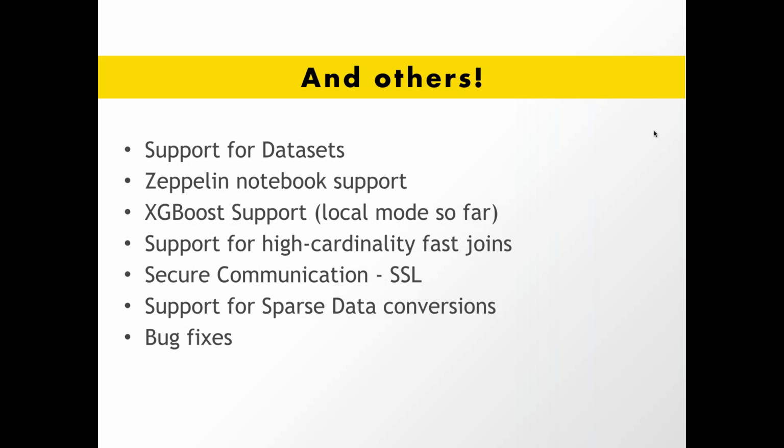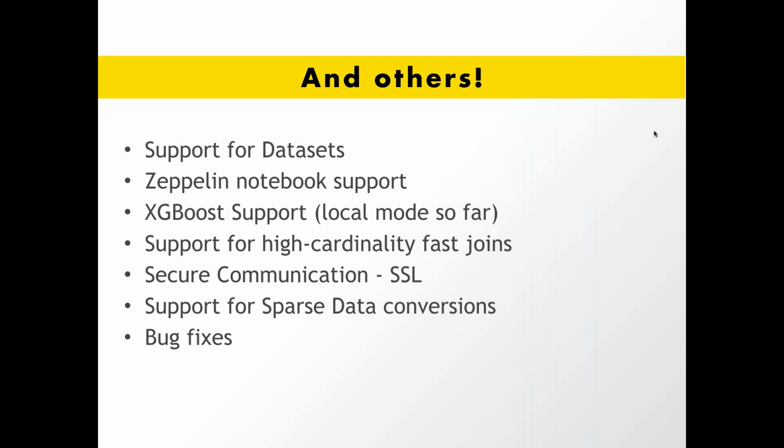It should be out very soon, I hope. We also have support for high cardinality fast joins. This is a feature implemented by Matt, our colleague in Mountain View, and basically we can use it for really efficient data joining. We can join millions and millions of rows in a few seconds or minutes. It's really good work done by Matt. We also support secure communication, so you can use Sparkling Water in secure environments where you need to configure Kerberos or SSL communication.